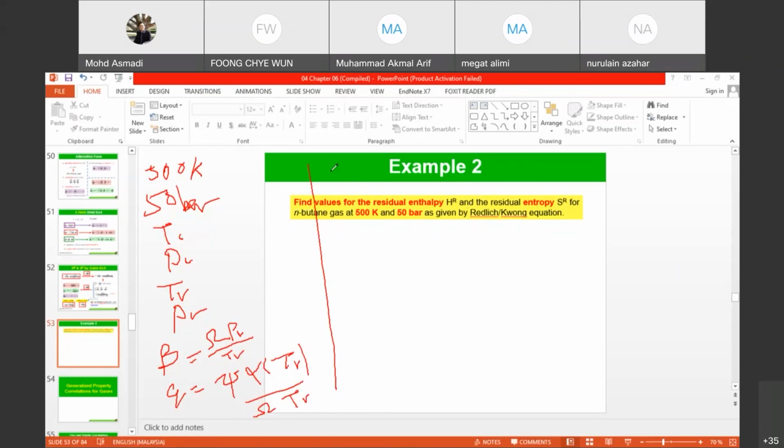So by using Redlich-Kwong, alpha TR, sigma, epsilon, what else? This one, please determine. Let's see. Please determine this one.